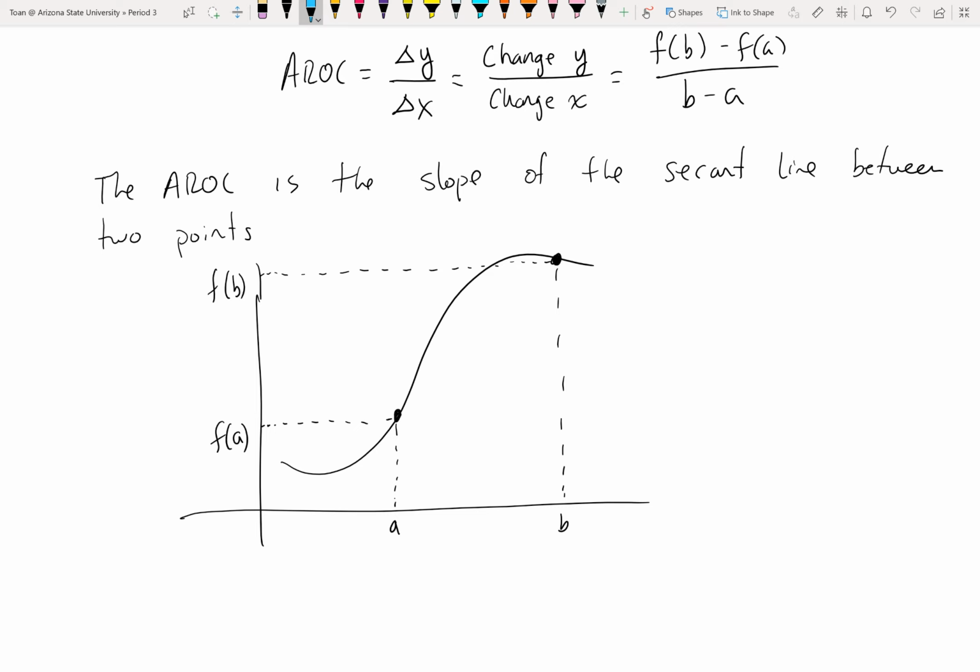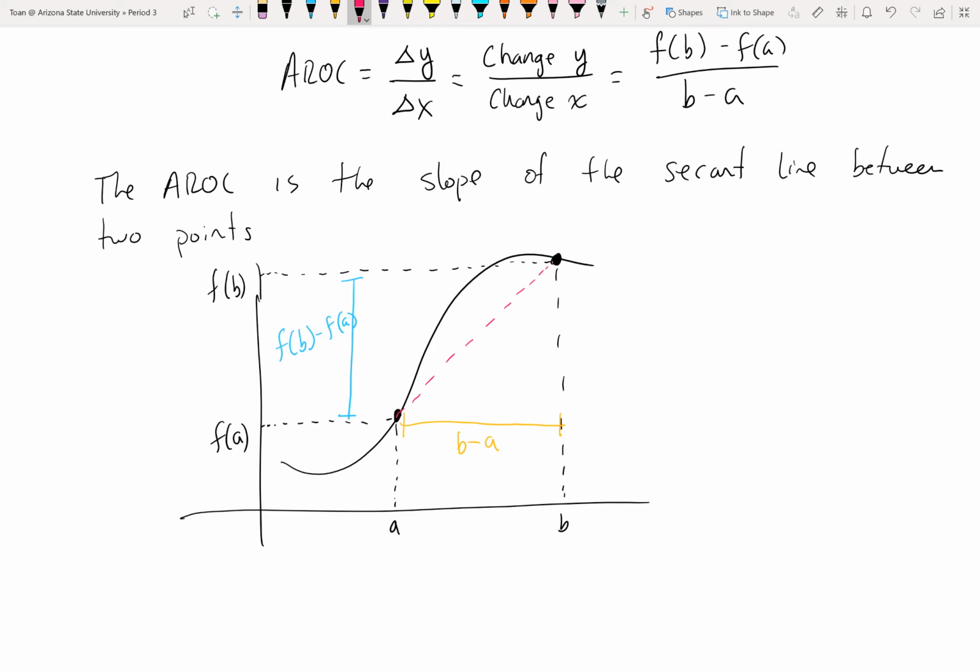So this distance right here is the change in y, and this distance here is the change in x. Okay. Well, that just so happens to be the slope of the line that connects those two.